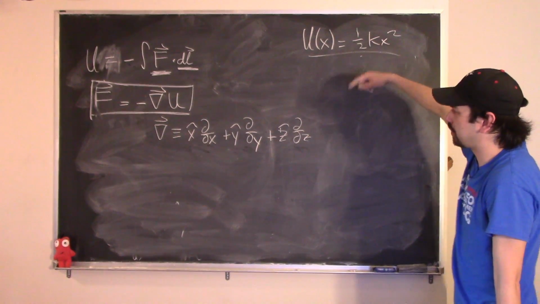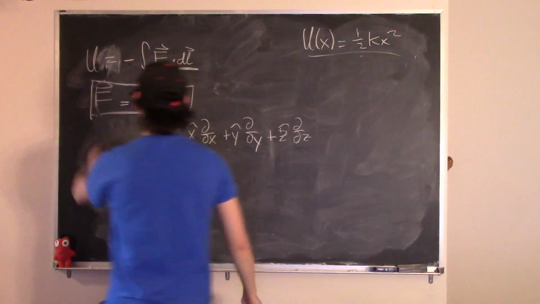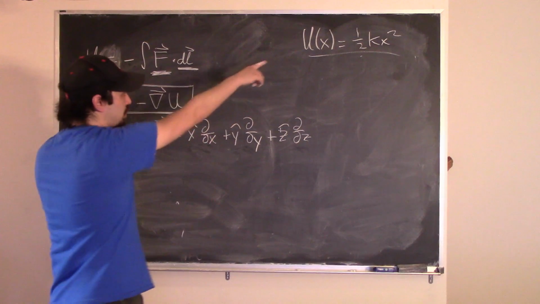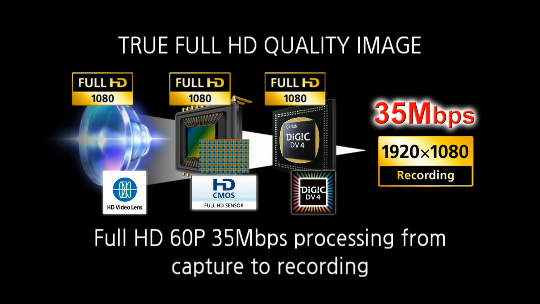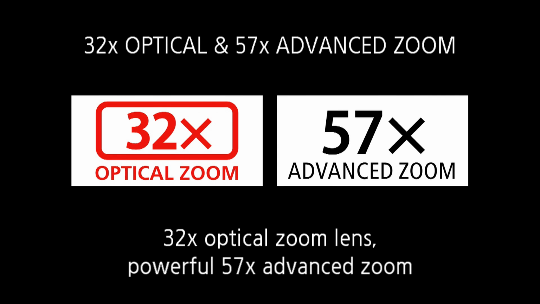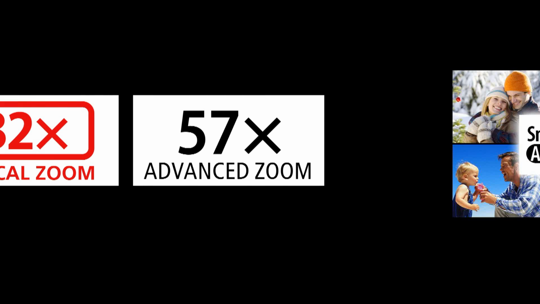But what we like to do is we like to show what it is based on these two relationships. And so if we want to find what the force acting on the spring is, we know what the potential energy function is. We just need to calculate the negative gradient of the potential energy. And so in this case, this is not dependent on y or z, so I only have the x portion. So this is equal to minus x hat, partial derivative with respect to x, of 1/2 kx squared.